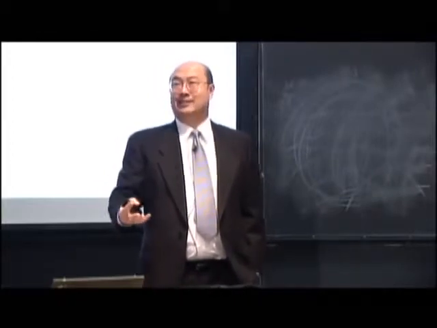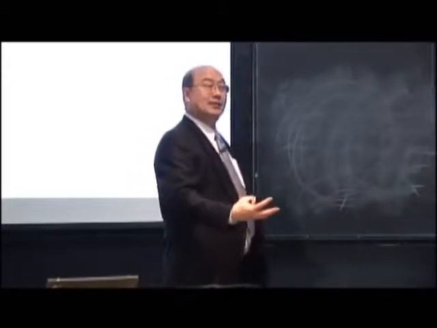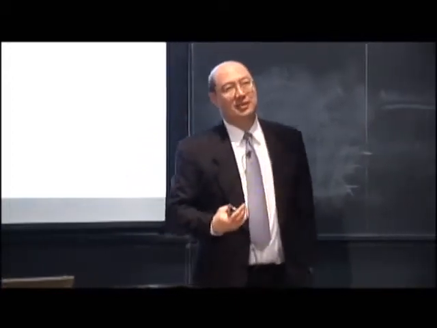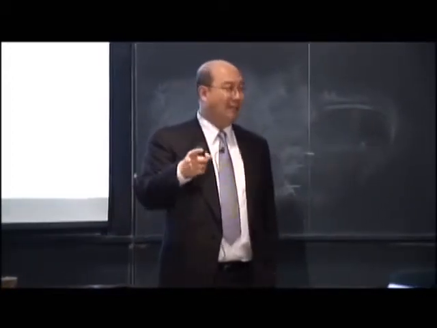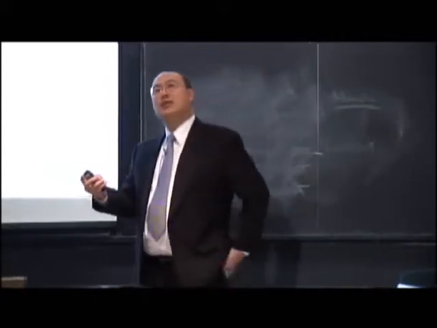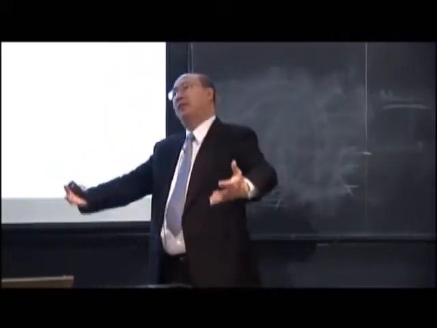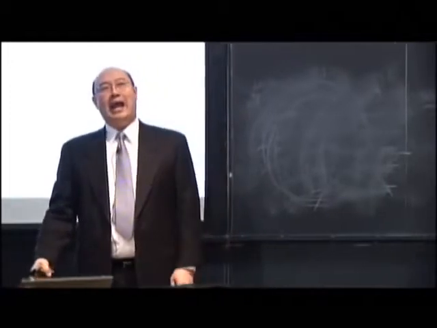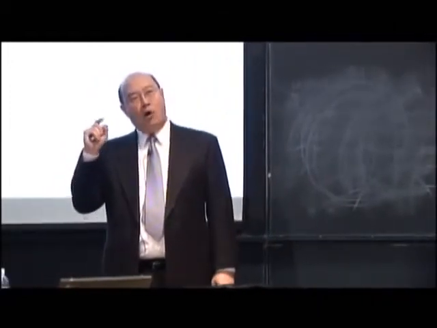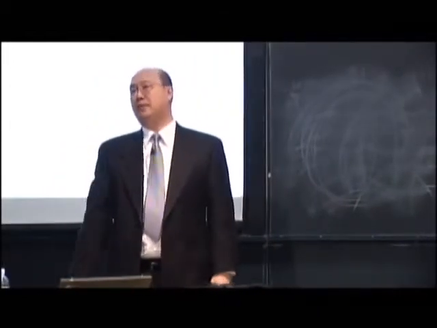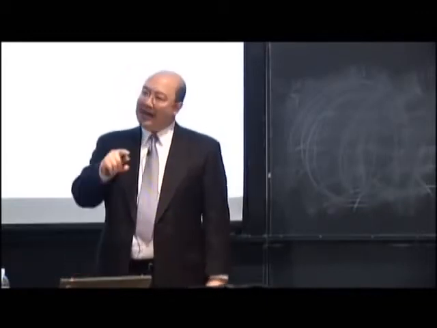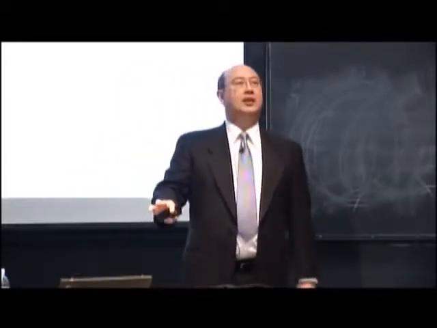And I'm going to keep doing it and doing it and doing it until one of two things happens. Either you run out of money or you change your probability beliefs. And it turns out that there is only one set of probability beliefs for which I cannot construct this free lunch.